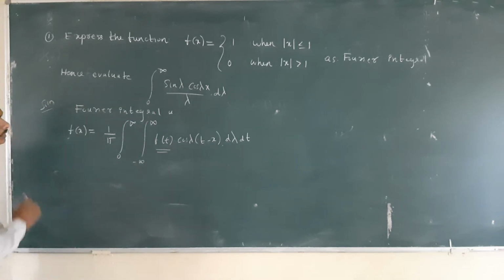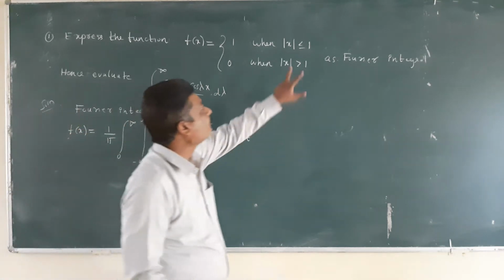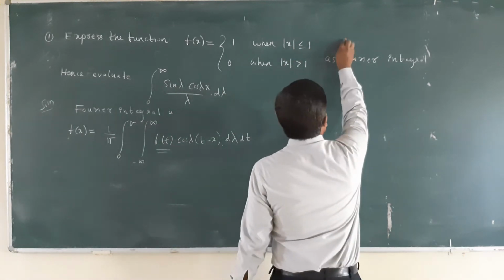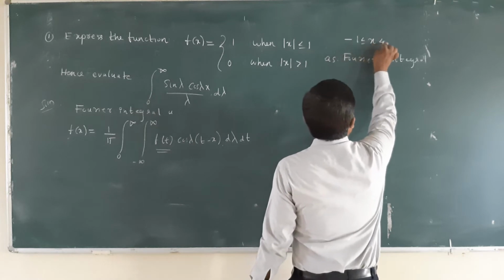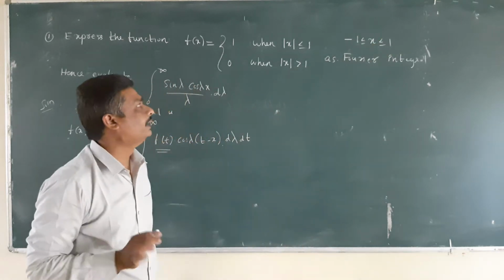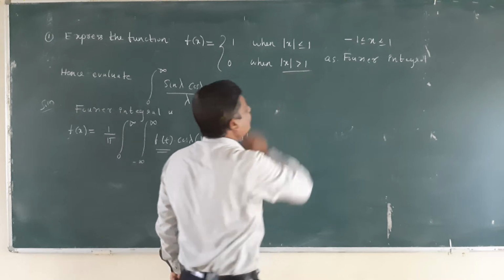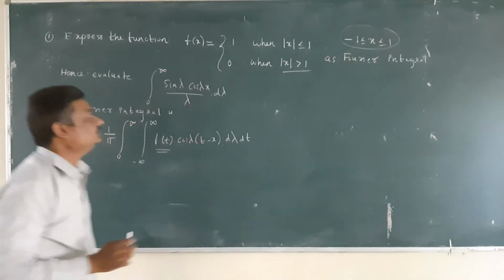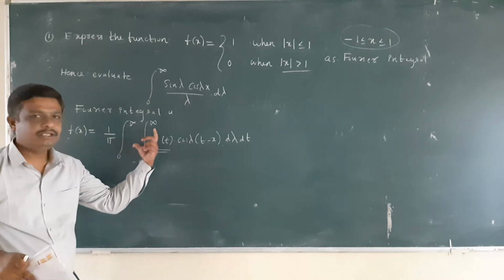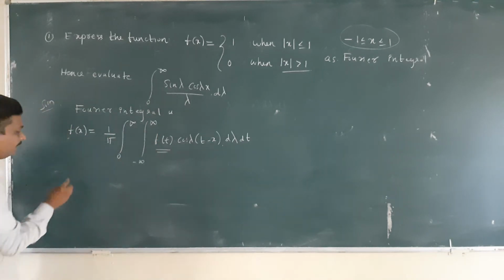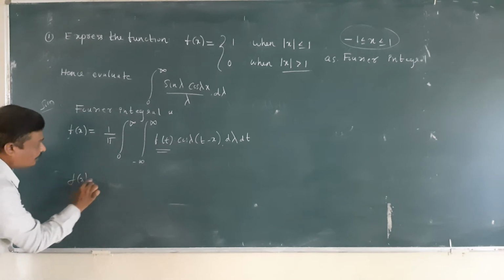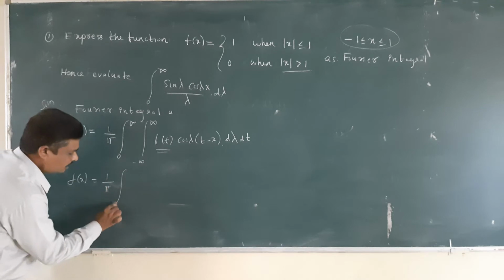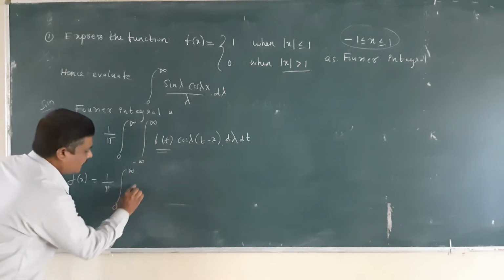So one more thing we have to remember, mod of x less than or equal to 1 is nothing but x lies between minus 1 and plus 1. So mod x greater than 1 is nothing but other than this range. So now I will divide this integral by using properties of definite integral. So f of x equal to 1 upon pi, I will write as it is, integration 0 to infinity d lambda.